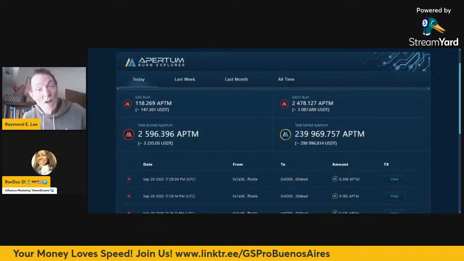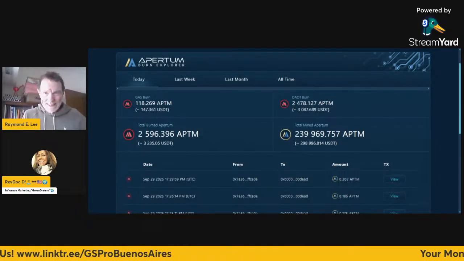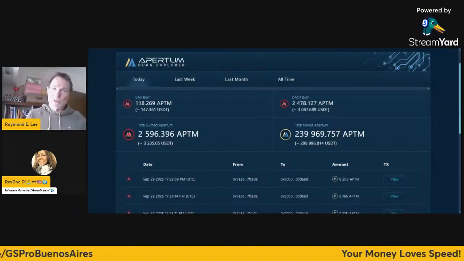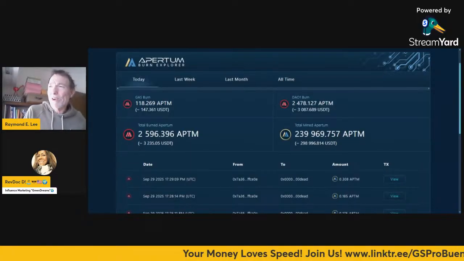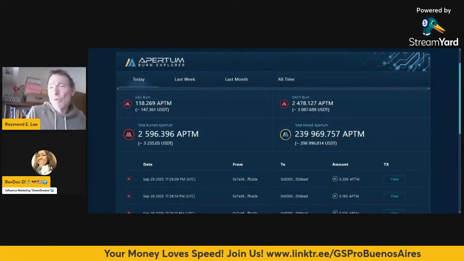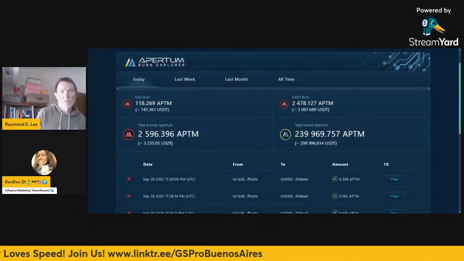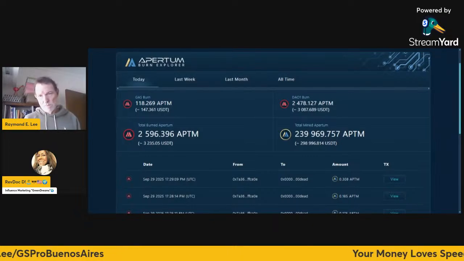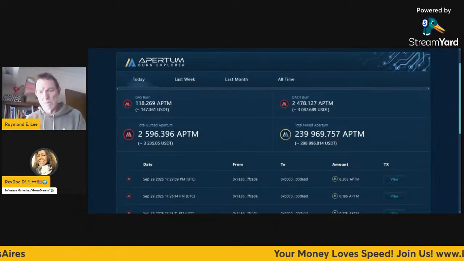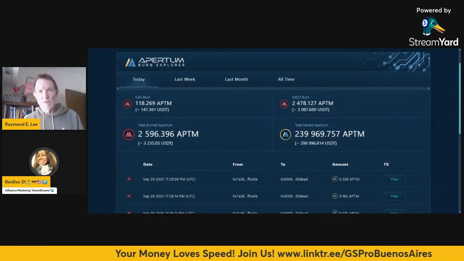239,000 APTM. So if that's today, 239,000 APTM, it wouldn't take that long to go through 20 million blocks, no? The numbers are so small, I can't really see.